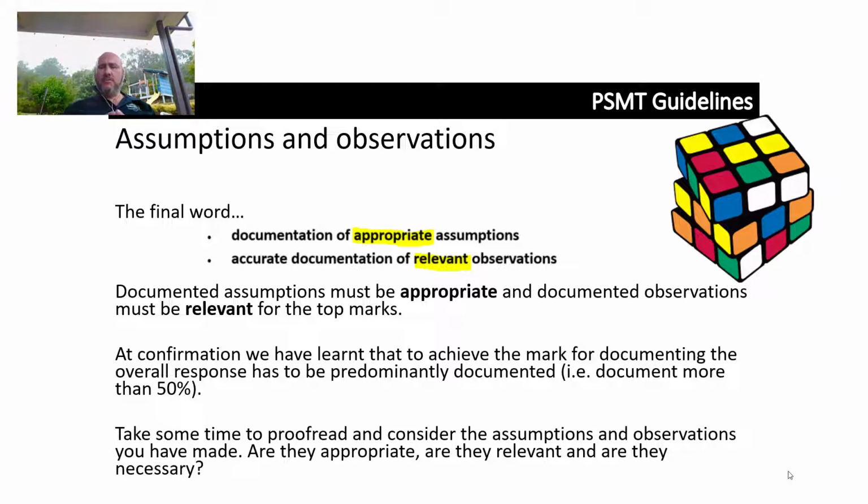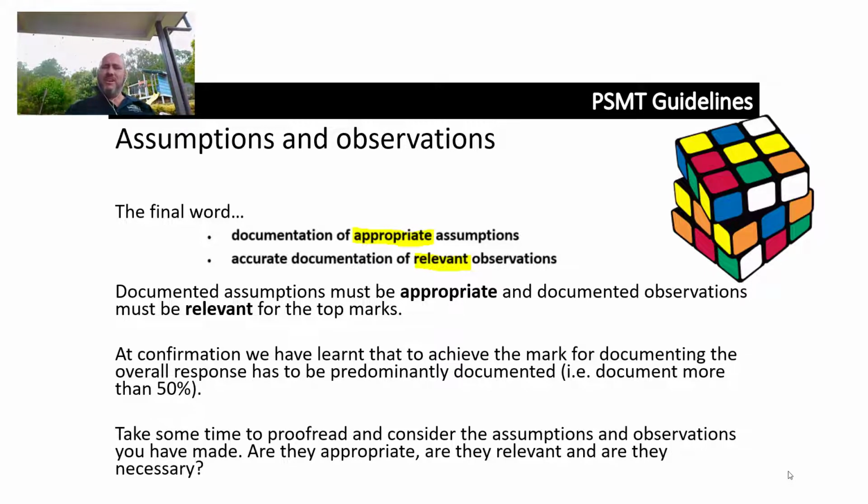Lastly, though, there's a couple of things that we've learnt in our time in teaching and also being part of QCAA roles. The first one is that at this level of documenting, we used to say something along the lines of, you need to provide 5 assumptions and at least 2 of them must be documented.